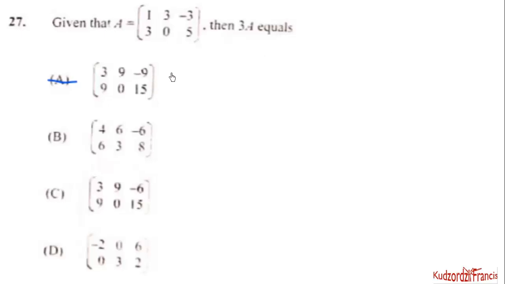This answer is correct. Now let's look at item 28. It refers to the following matrix P. So this is the matrix. This is 8, this is 7, this is 6, and this is 5.